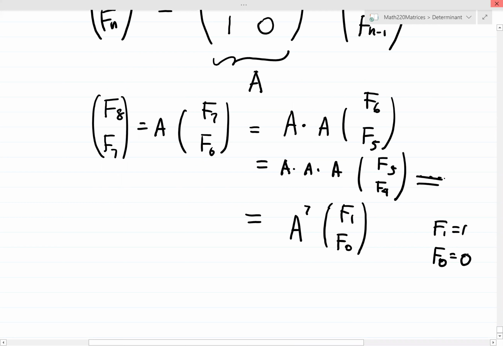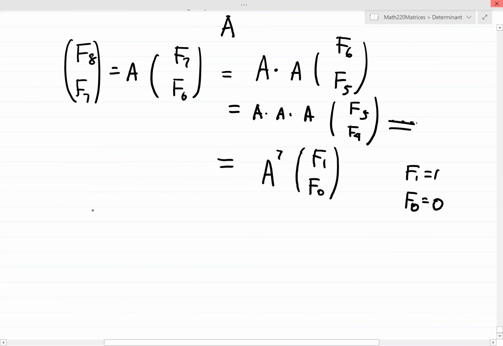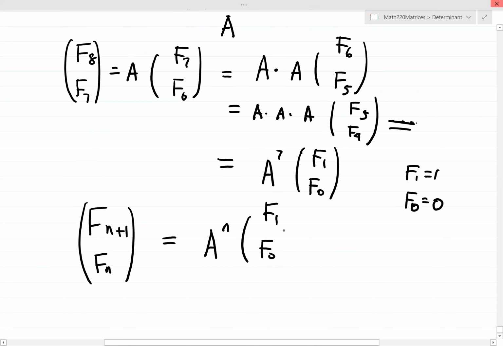So the only thing is to compute the power of A. In general, if you have capital Fn+1, capital Fn, this is A to the power n, F1, F0. F1, F0 is known. So if we have a good method to compute A to the power n, then we can use matrix multiplication to determine the Fibonacci number in general.